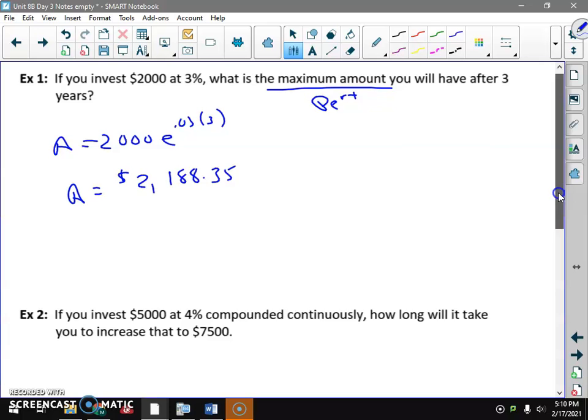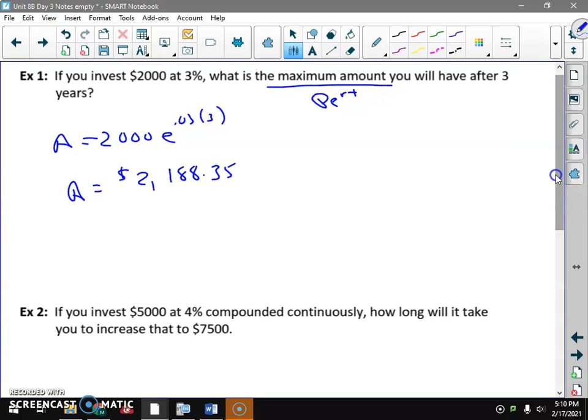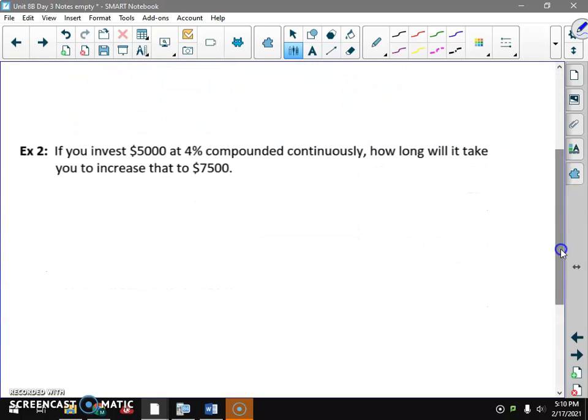Okay? But now I'm going to change it. Instead of saying how much will you have after 3 years, I'm going to say how long will it take to have $7,500? So now I'm going to still use PERT, but I know this. I know this.